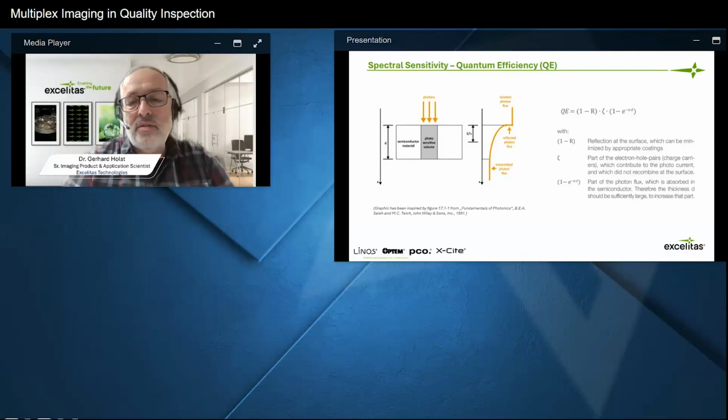Therefore, manufacturers of these image sensors try to improve the anti-reflective coatings such that as much radiation as possible reaches the semiconductor. Then you have the area or the volume where the photons penetrate into the semiconductor material, and part of the radiation, I mean the long wave part, is then transmitted through.